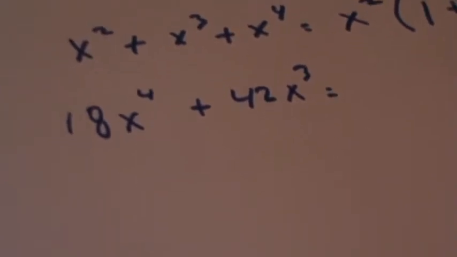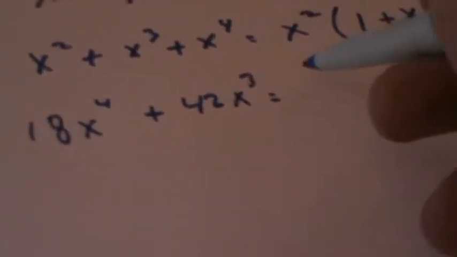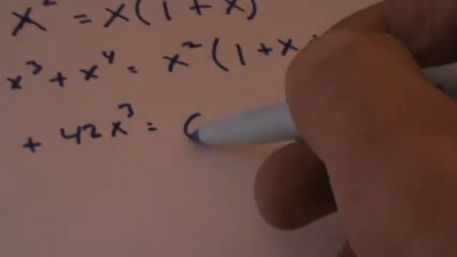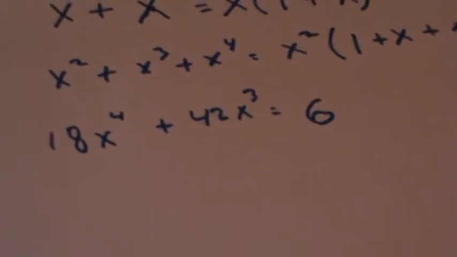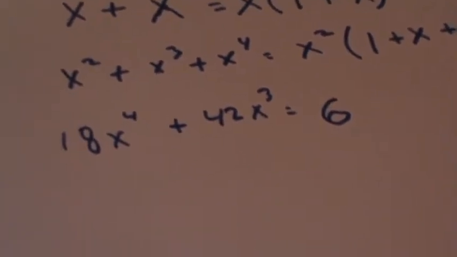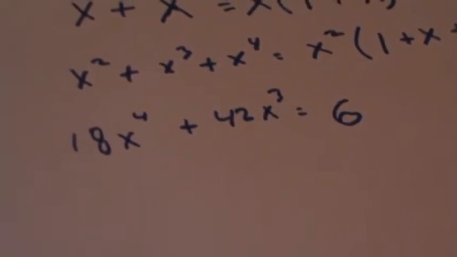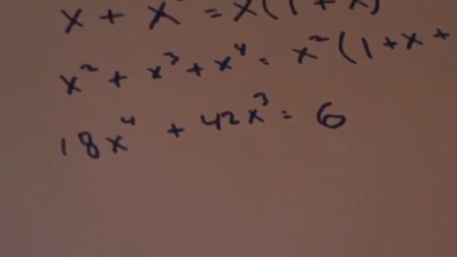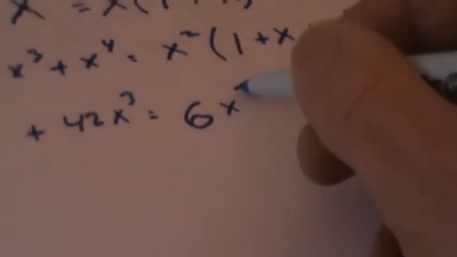The greatest common factor for 18 and 42 is the number 6. So that will go on the outside right there. Okay, now the next thing we need to do is look for the variables. We've got x to the fourth and x to the third. So once again, as we said before, we always take out the one with the smallest exponent, which turns out to be x to the third.